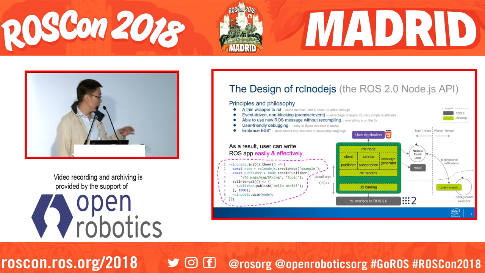We bind the C interfaces to the JavaScript side. As a result, we can write a ROS app in a very easy and effective way. You can see the code here is only 9 lines to create a node and to construct a publisher to send a topic of string type.